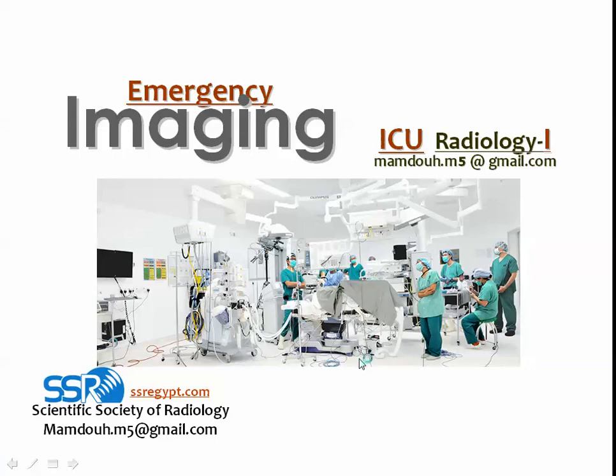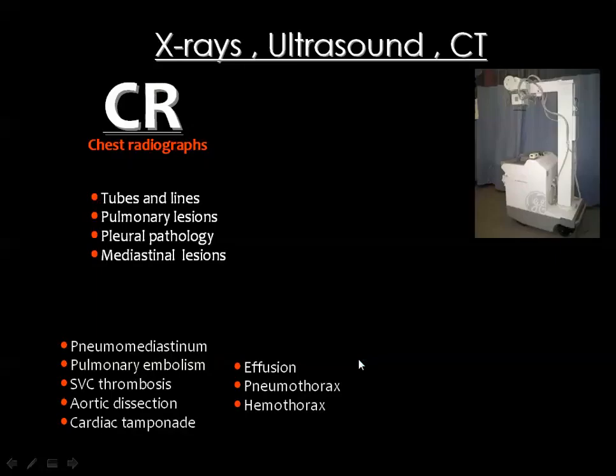And the second part will deal with the pulmonary, mediastinal, and pleural lesions that can be seen in the ICU patients. And you know that we have three important imaging modalities for evaluation of the ICU patients, and these are the X-rays, ultrasound, and the CT scan. Of course, the X-ray can be portable and can reach the patient in the ICU, and also ultrasound is the same, can be moved to the patient.